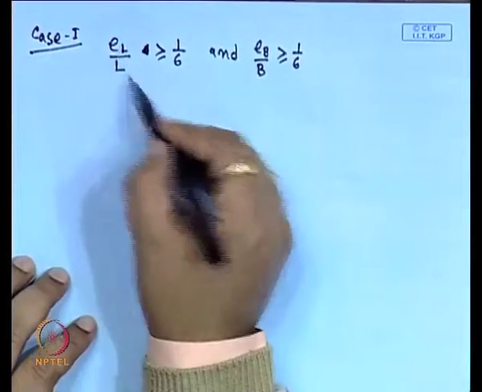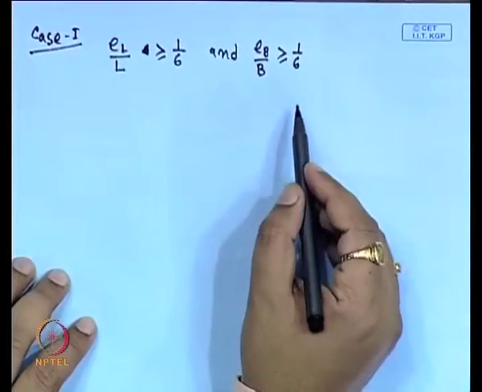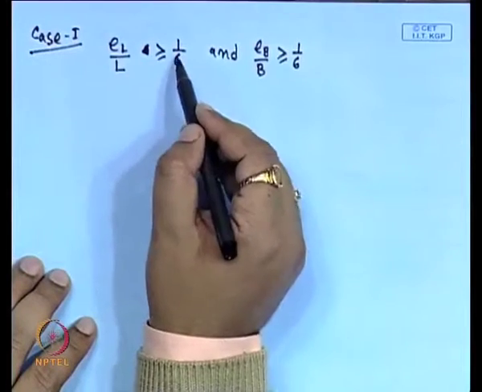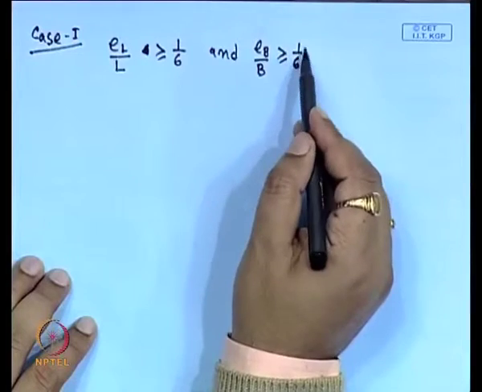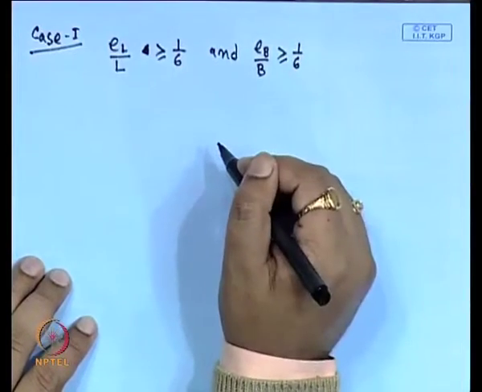Now, suppose this condition arises that E L by L is greater than or equal to 1 by 6, and E B by B is greater than or equal to 1 by 6.